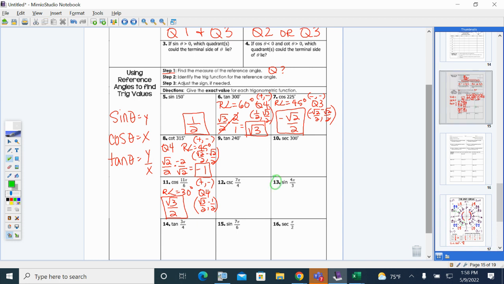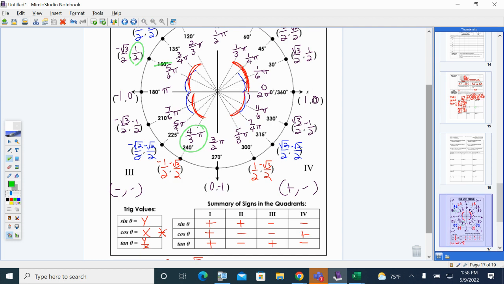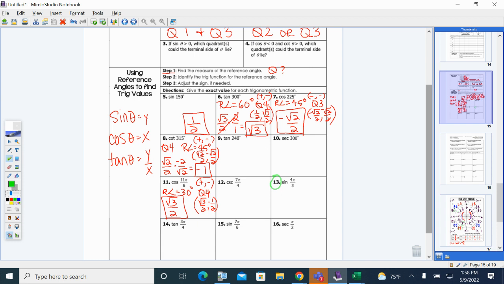So the sine is the same thing as the y-coordinate. And the y-coordinate there is negative radical 3 over 2. So negative radical 3 over 2 is my answer.